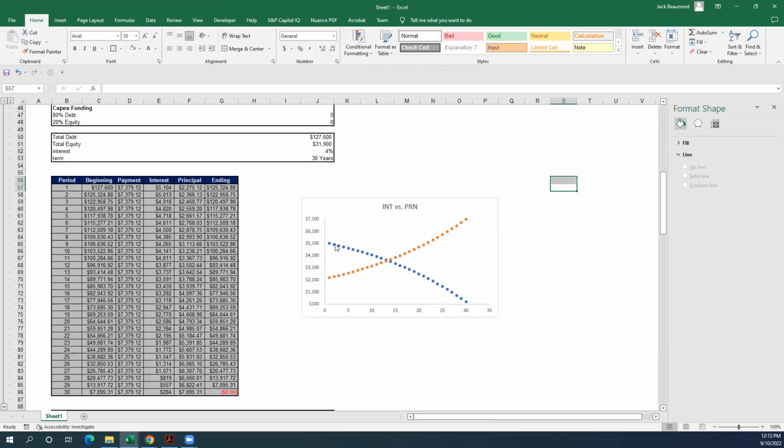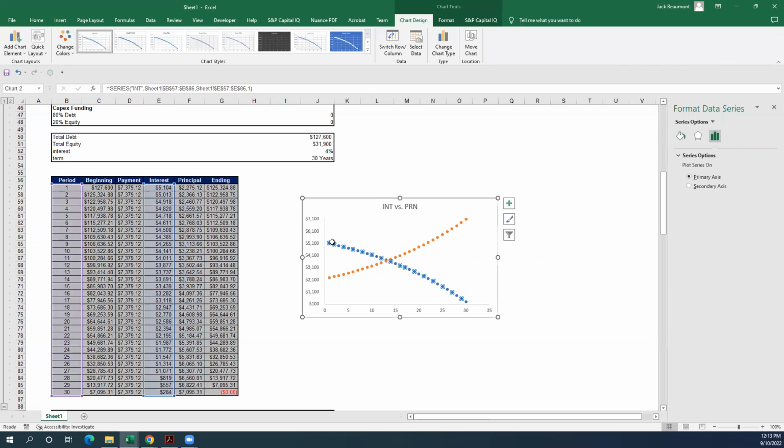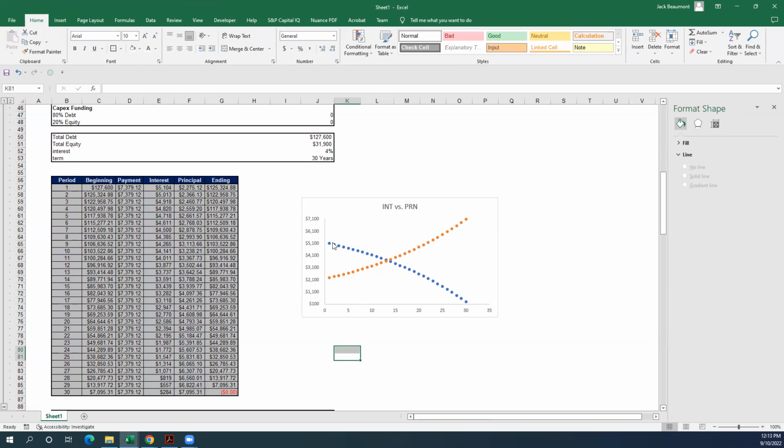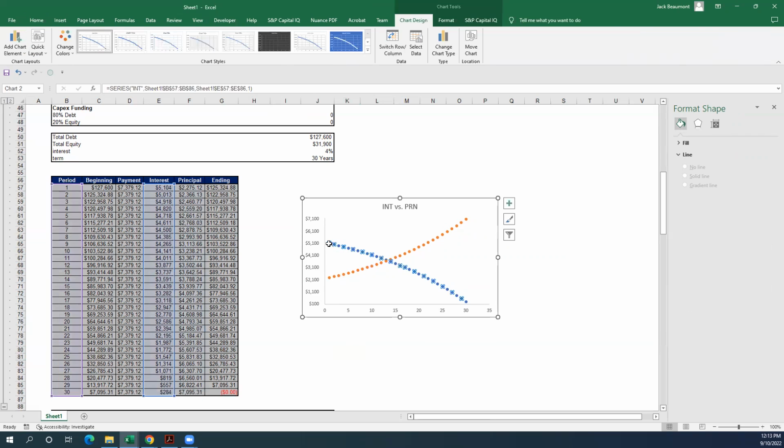Okay, so you see here, the blue line is interest. At the start of the loan, we're paying mostly interest, and at the end, we're paying mostly principal. They're inversely related.